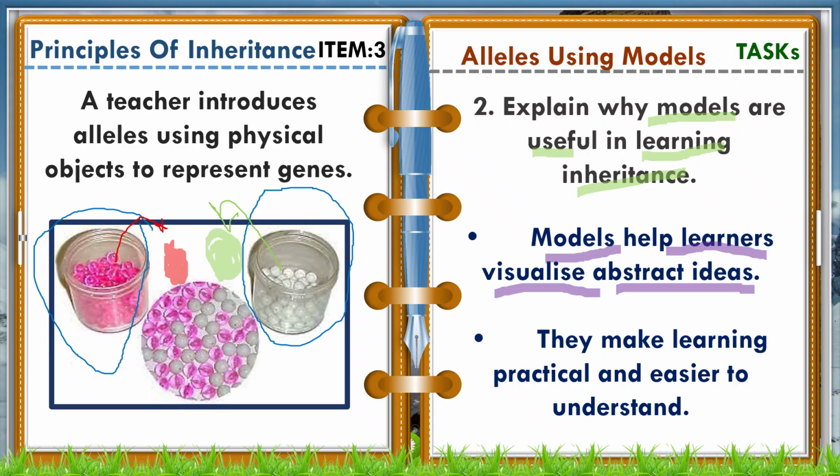This also makes learning practical and easier to understand. So when we pick from here and make the two, that one becomes a combination of genes. That one is more practical, and it becomes very easy for the learner to understand.